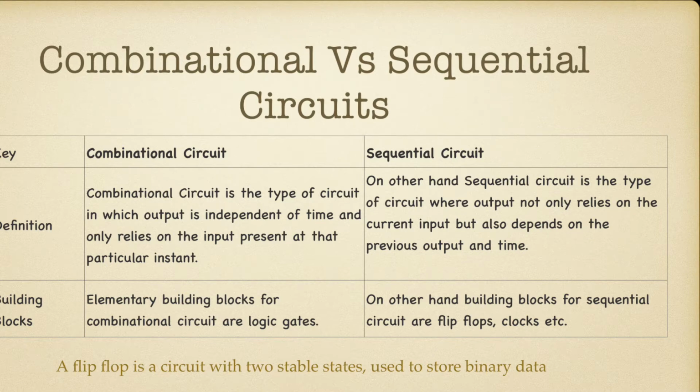Elementary building blocks for combinational circuits are logic gates. We will study the logic gates in detail in your second module. On the other hand, building blocks for sequential circuits are flip-flops, clocks, etc. A flip-flop is a circuit that is capable of storing one bit of information.